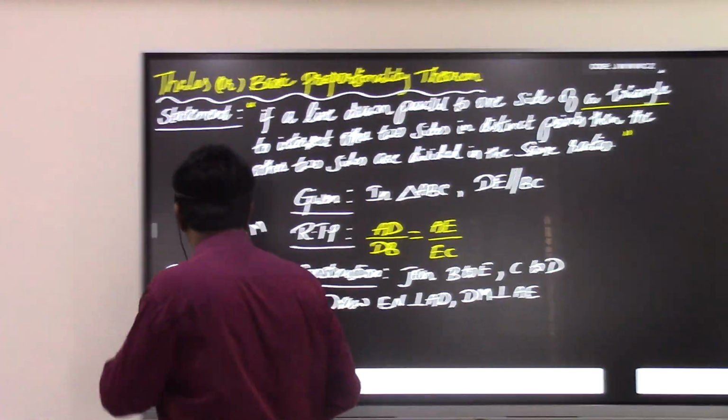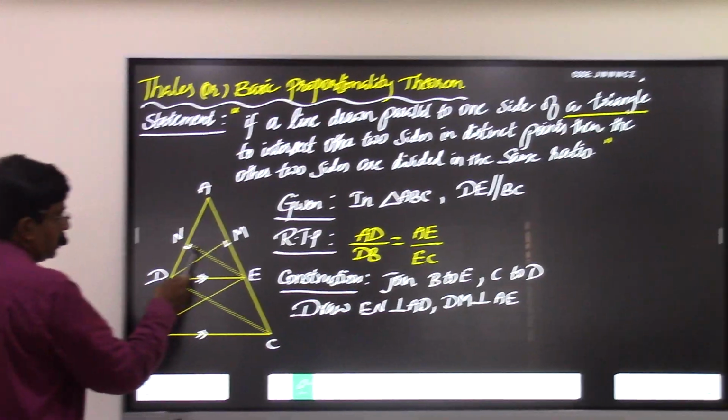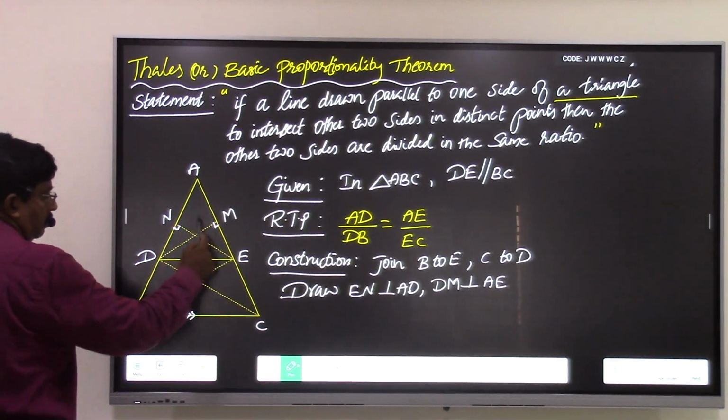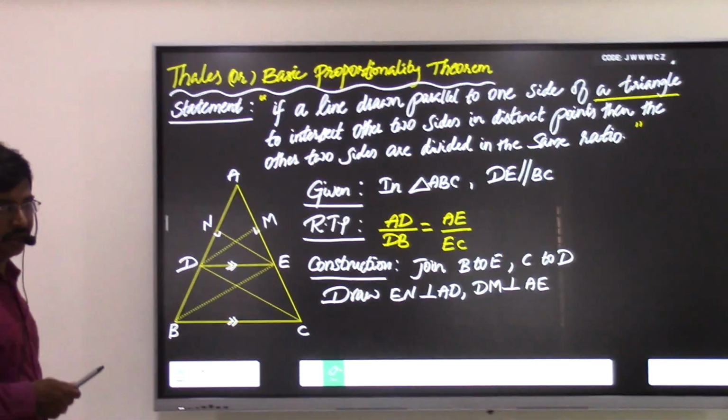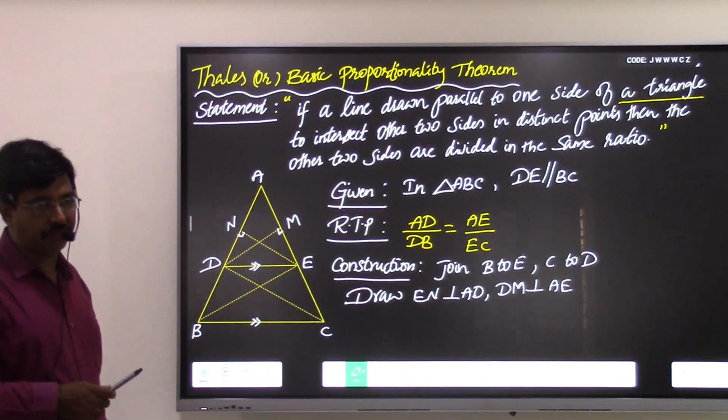So these two changes we made here. EN is perpendicular to AD and DM is perpendicular to AE. This comes under the construction.